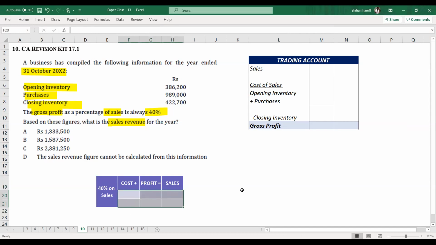The sales is 100, profit is 40, cost is 60.